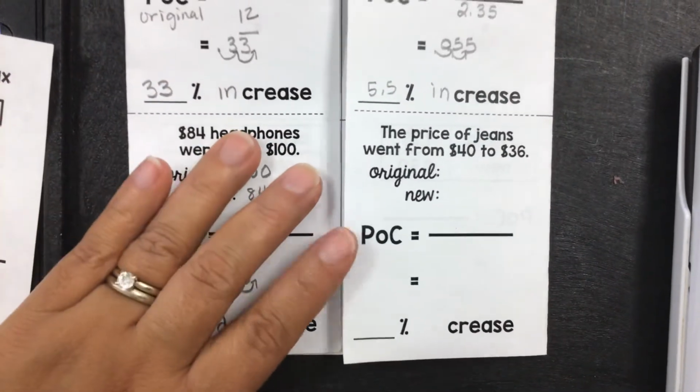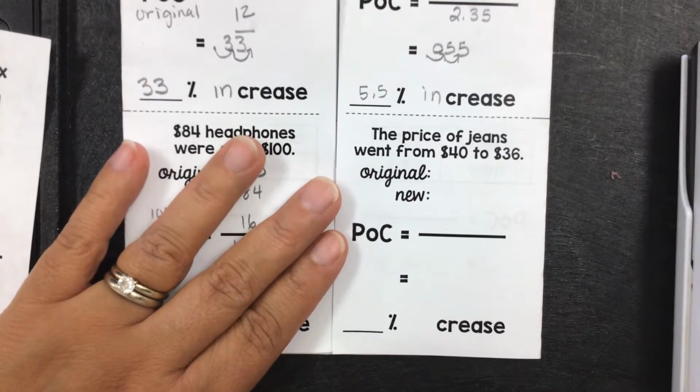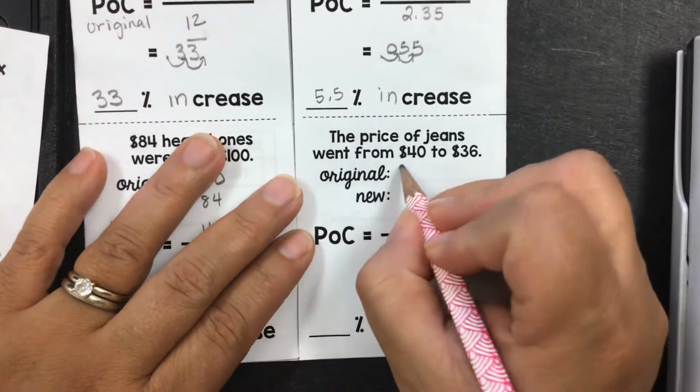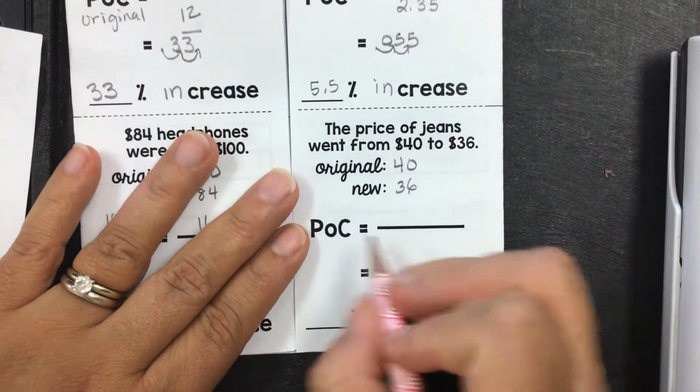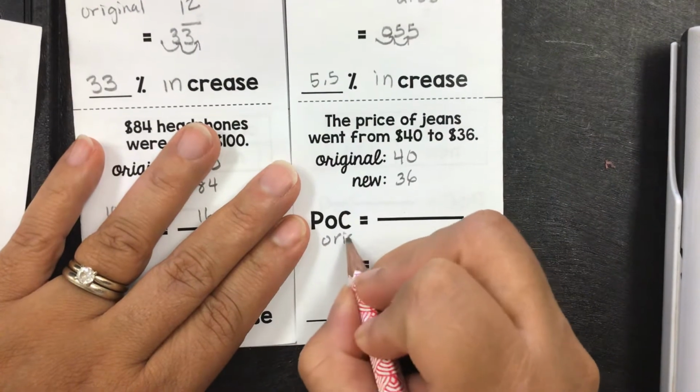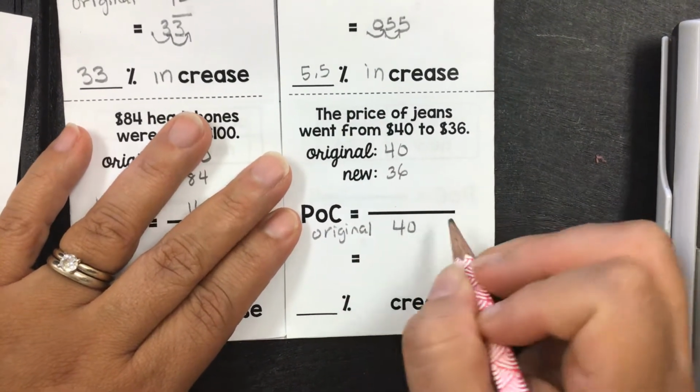The price of jeans went from $40 to $36, so the original is 40, the new price is 36. The original is always the denominator, that would make it 40 right here.